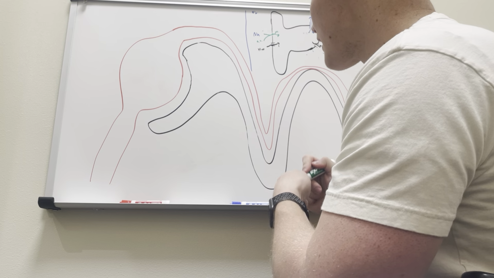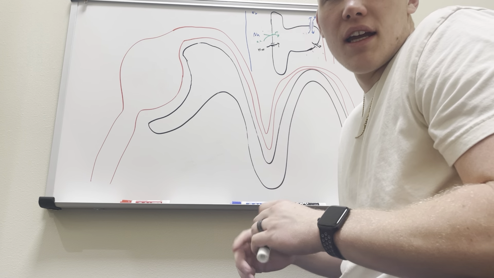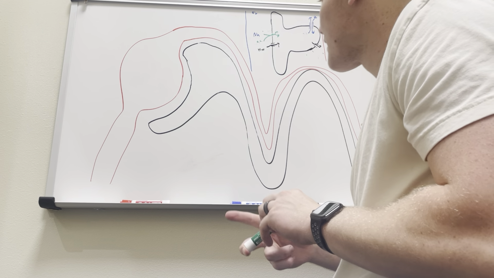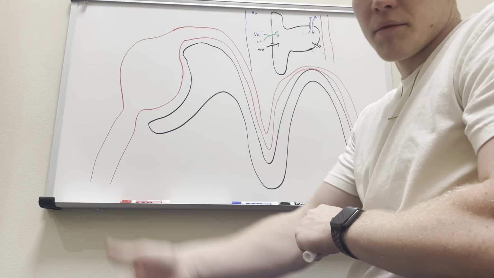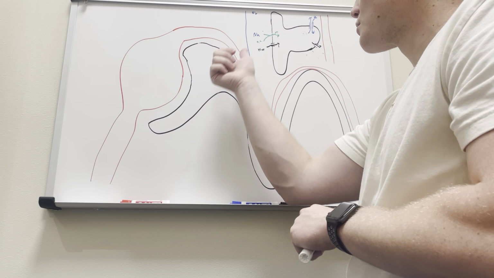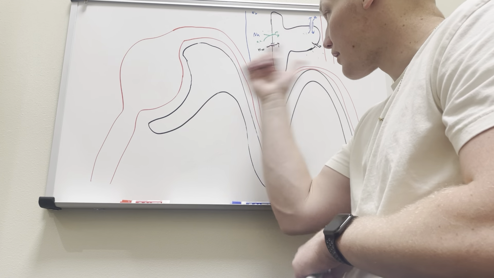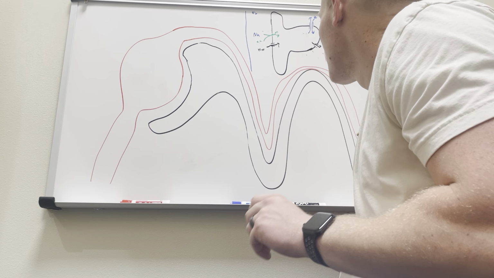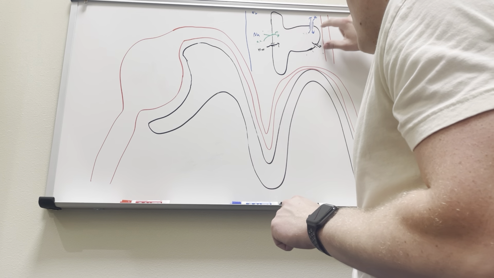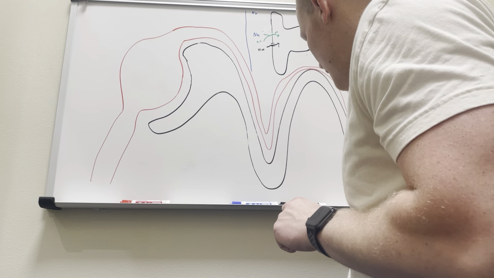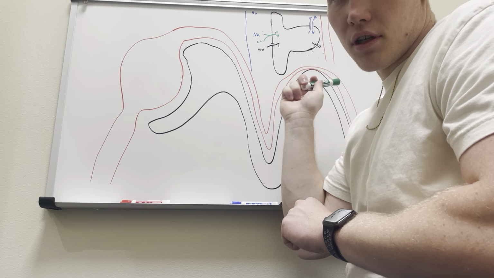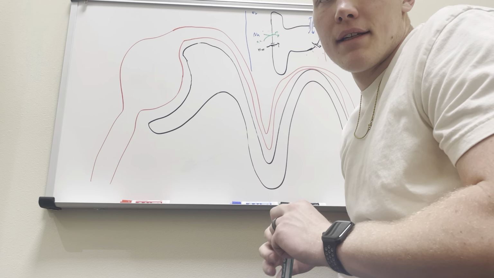I'll just do AA there, amino acids. And they're the same way. Sodium goes in and it pulls an amino acid with it. And while sodium's moving in, water's moving in and across and out. And then these amino acids are also being transported into the blood through transporters on that side of the cell.